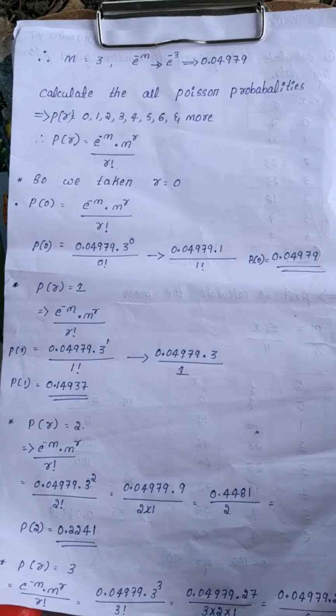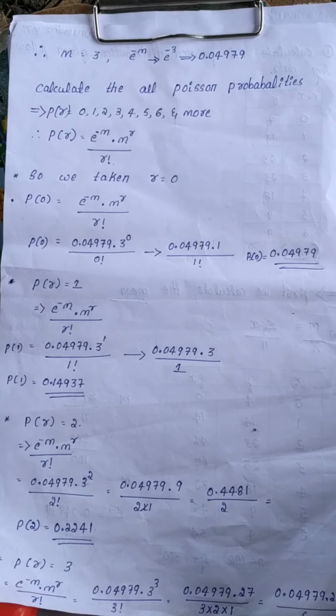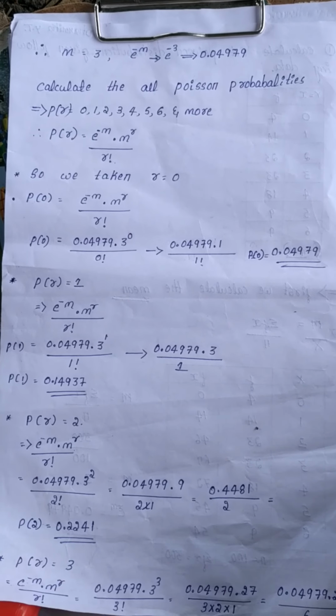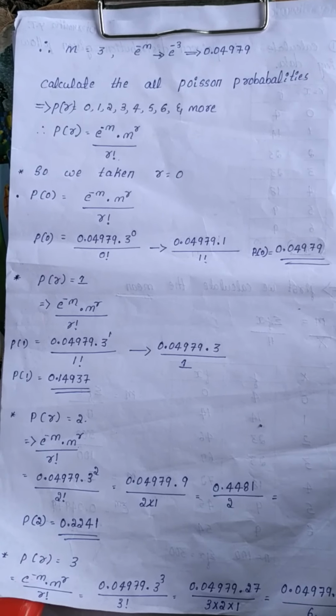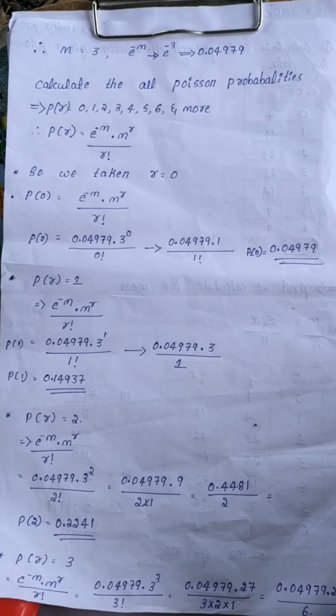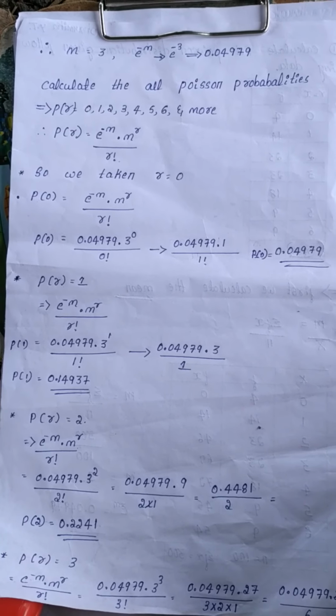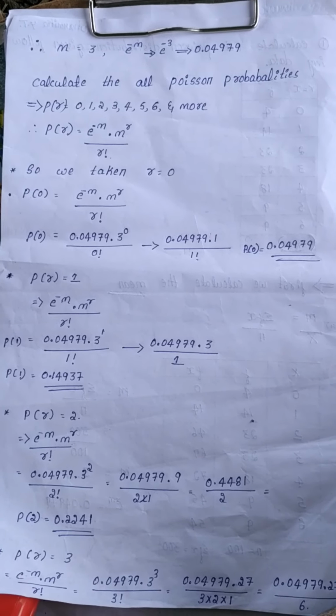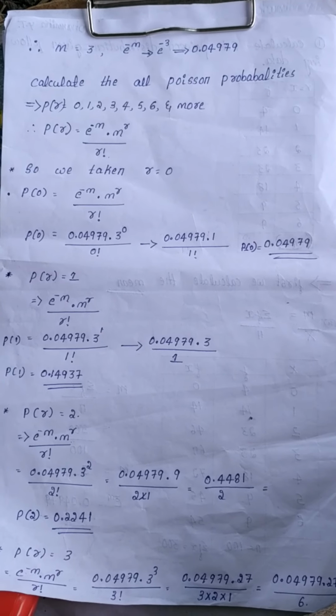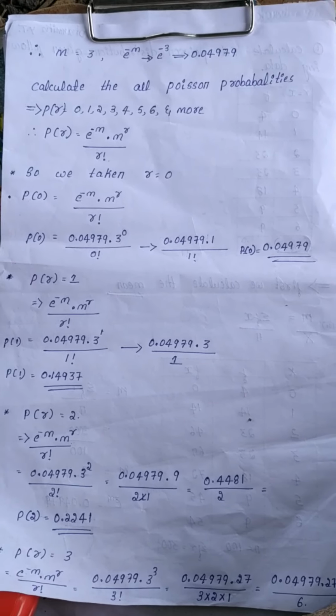When r is 0: 0.04979 into 3 power of 0, divided by 0 factorial. Zero factorial is considered as 1, so it is multiplied by 1. So 0.04979 is the answer.